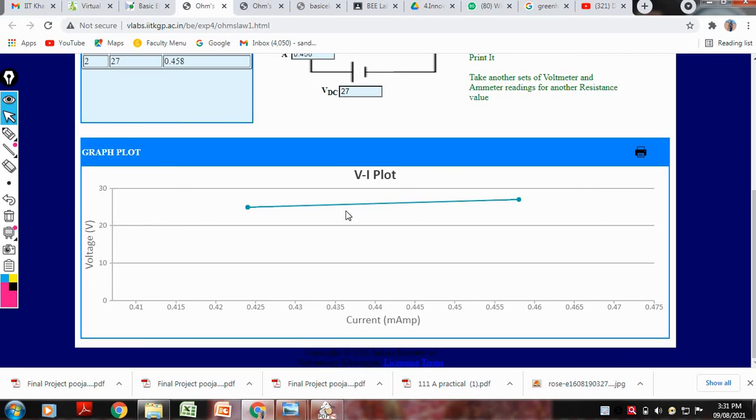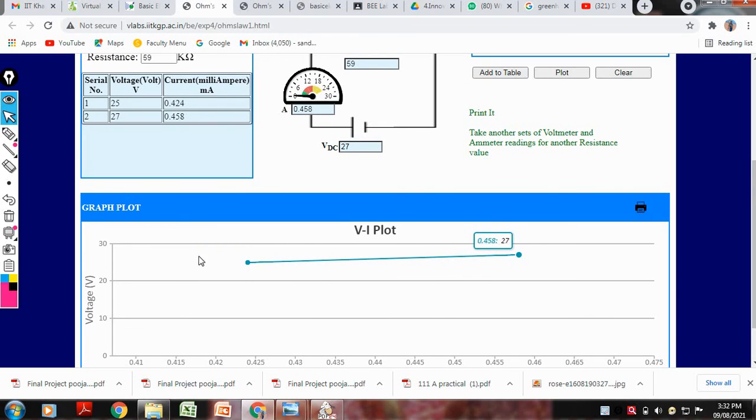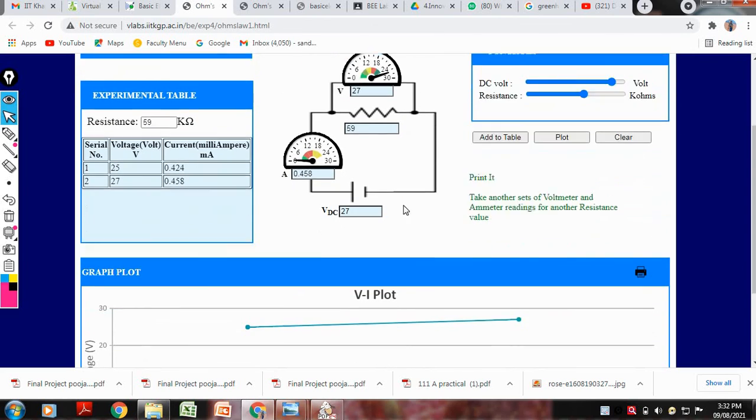Now 27 is here and the current is 0.458. The first value was 0.42425. Now this is the practical based on Ohm's law.